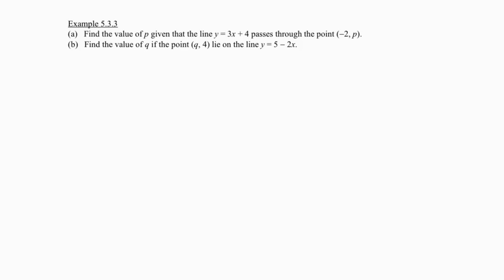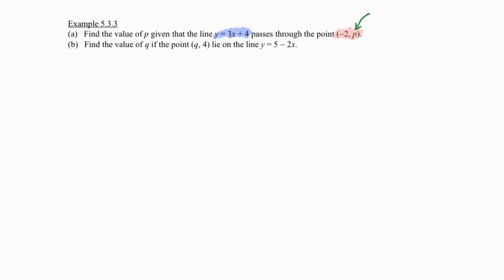Hello everyone, welcome to this math problem where we are first given an equation. We are also given a point where one of the coordinates, the y coordinate, is value p, and we need to find that.